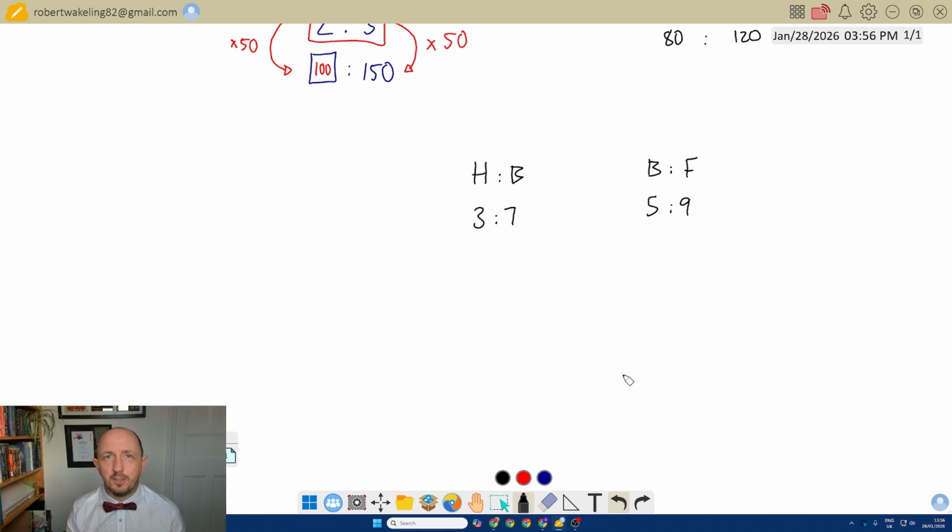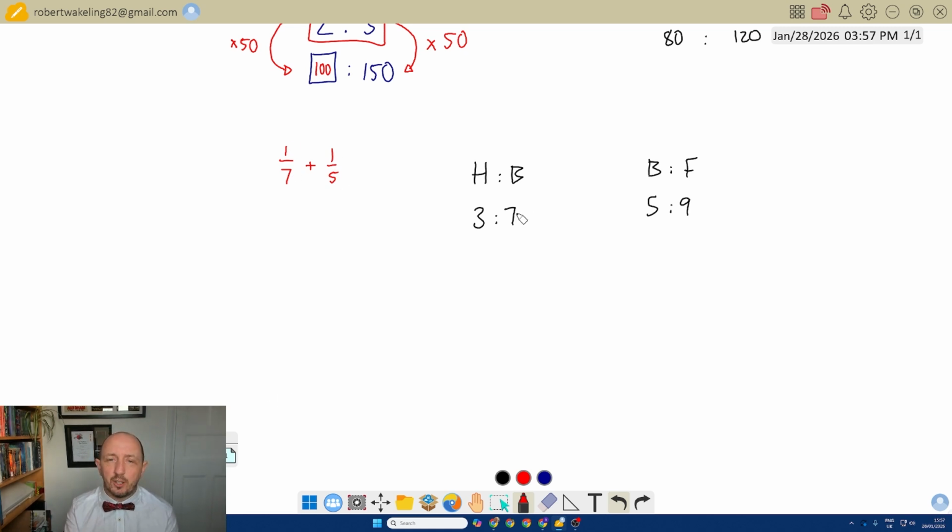And they want to know houses to flats, or what's the ratio of all three. And at the moment, we can't compare them because we've got 7 and 5 like this. So I always say to students, imagine you're doing an adding fractions kind of idea. You would try to get these two numbers to be the same, like the common denominator, and you sort of scale up the fractions to match.